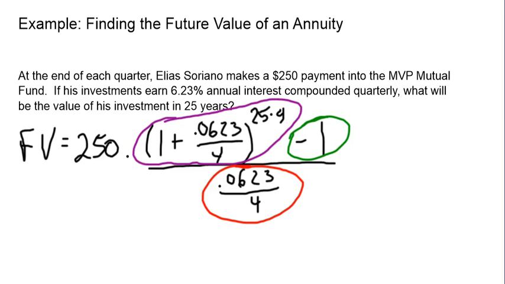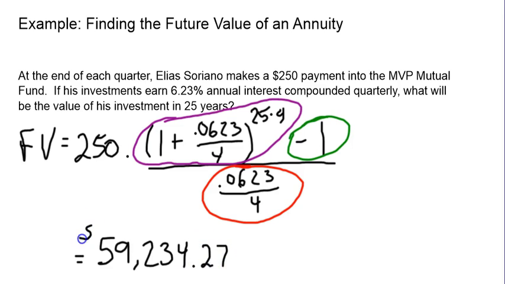And then finally, you would multiply that by 250. And if you do that, you should get 59,234.27. So in 25 years, there would be $59,234.27 in his mutual fund.